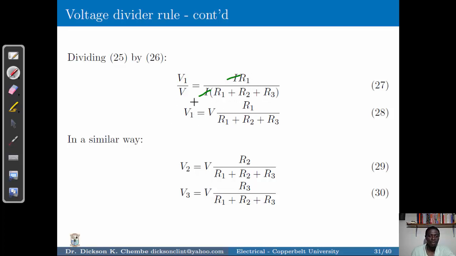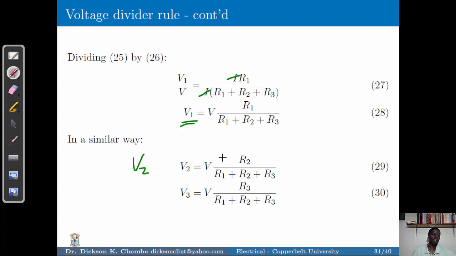And for V1, we find that V1 is equal to the supply voltage, with the numerator being resistor 1 over the sum of resistances. In a similar way, when we obtain V2, it is the same: we have the supply voltage, but then we have R2 over the total resistance.